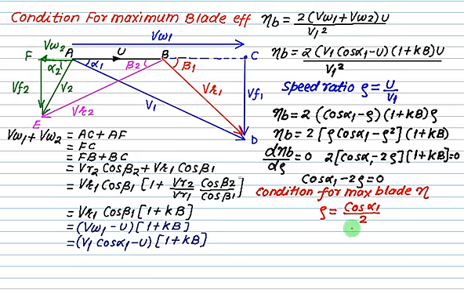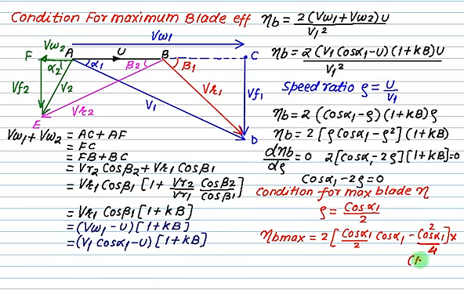And if you are interested in the maximum efficiency of the blade, then you have to put this value in the equation of blade efficiency. That equals what? 2 times cos alpha 1 by 2 multiplied by cos alpha 1 minus cos square alpha 1 by 4, into 1 plus kb.